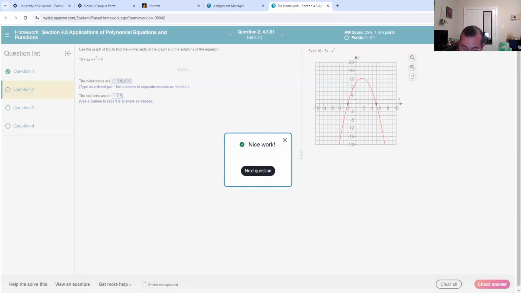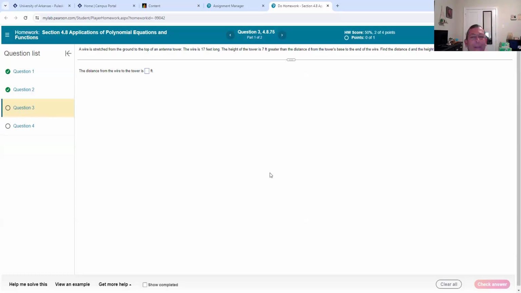All right, y'all. So I'm about to play with y'all on this next one. There's only 2 more questions, but let's look at this one. Y'all look at this. Let me write this down as we're going. A wire is stretched from the ground to the top of an antenna tower. So the wire is 17 foot long.